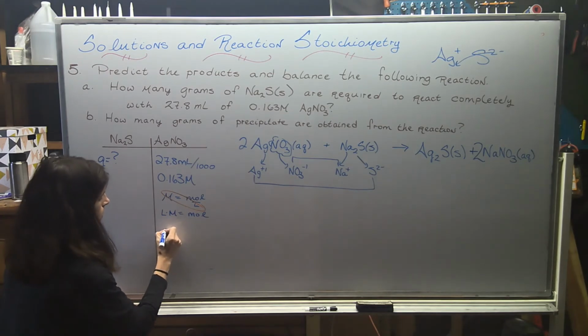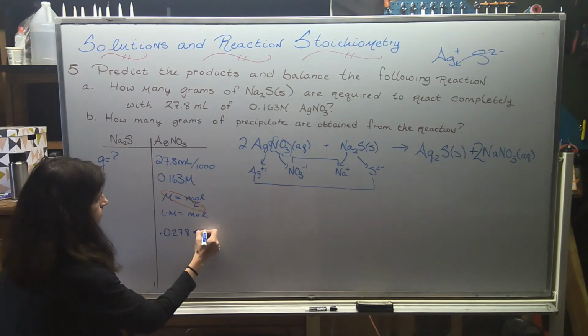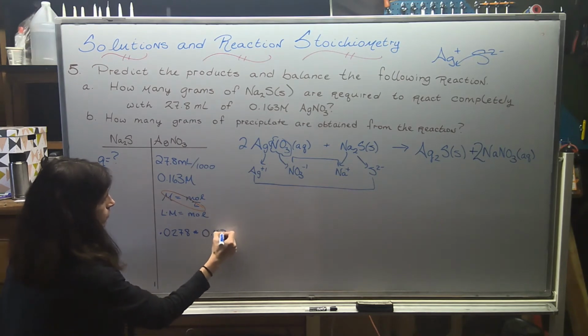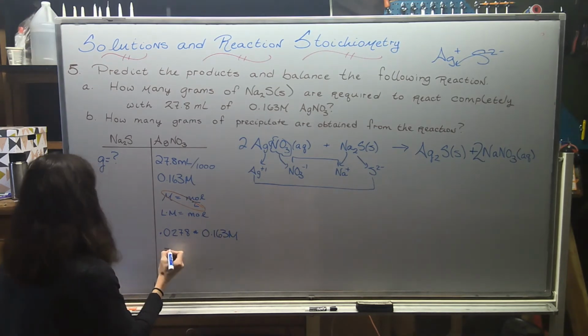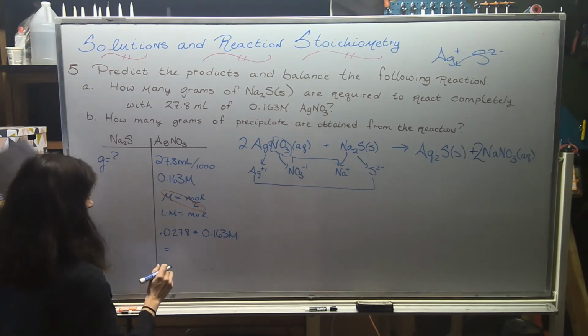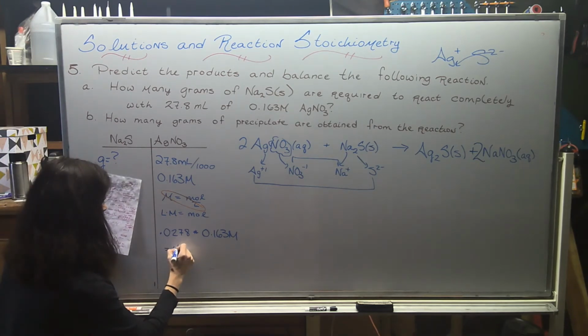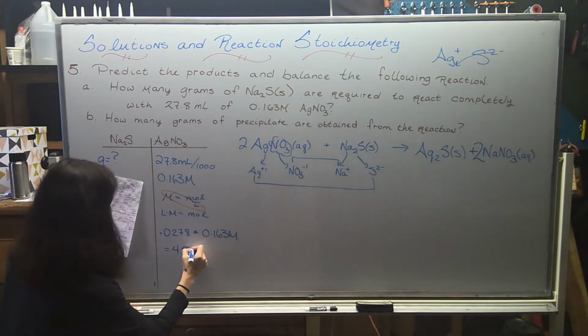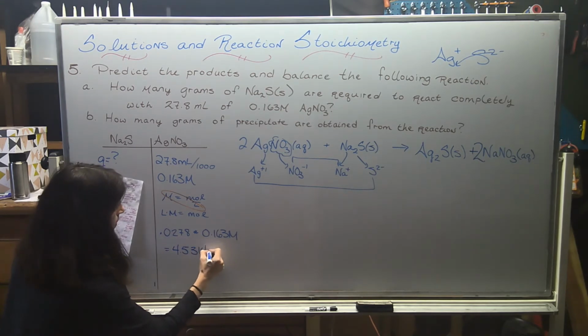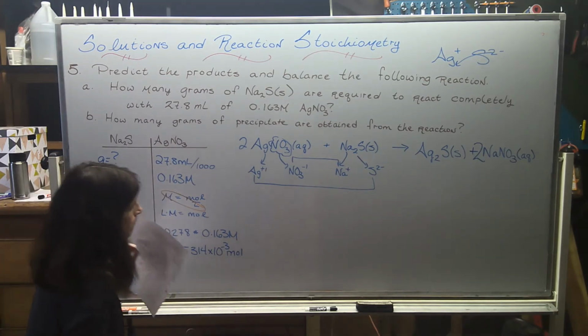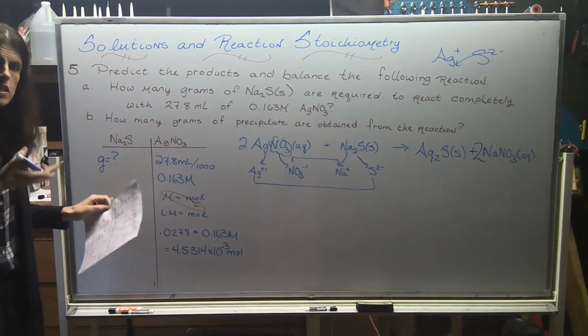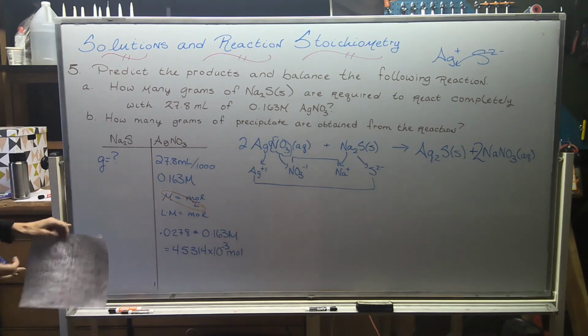And I'm going to do 0.0278 times 0.163 molar. And I'm going to wind up with 4.5314 times 10 to the -3rd moles of silver nitrate. Now remember, this is going to work the same way as your acid-base titrations.